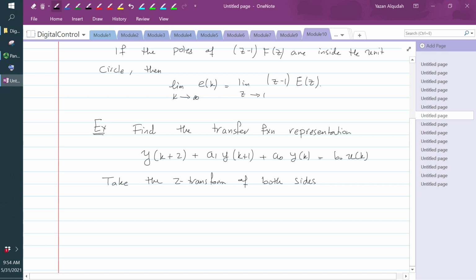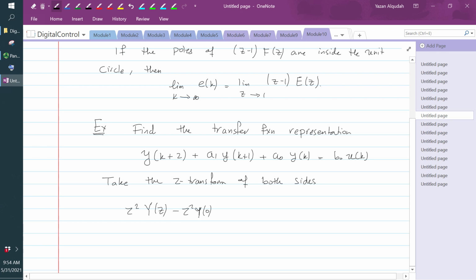If I take the z transform of y(k+2), I'm going to get z squared multiplied by Y(z) plus a1 multiplied by z. Actually, let's also put the initial conditions just so the example is complete, but we'll see what we will do with the initial conditions. So y(k+2), from the property of the shift, is going to equal z squared multiplied by Y(z) minus z squared y(0).